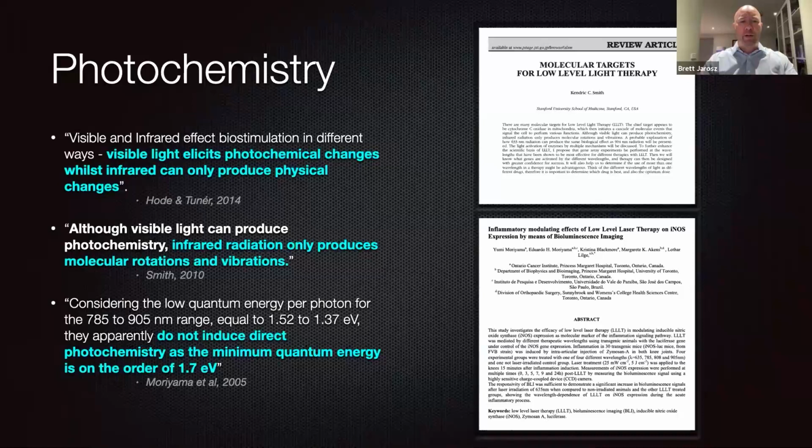So last point here on the slide, considering that low quantum energy per photon, so again, getting into quantum physics here, but just a key few numbers that we want to take away. 785 to 905 nanometer range, that's your infrared wavelength.